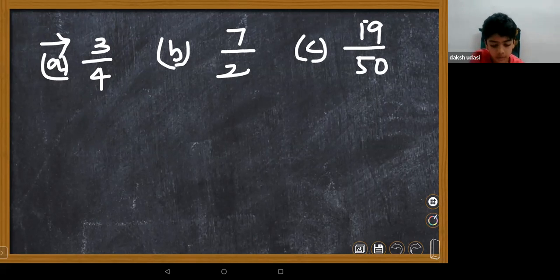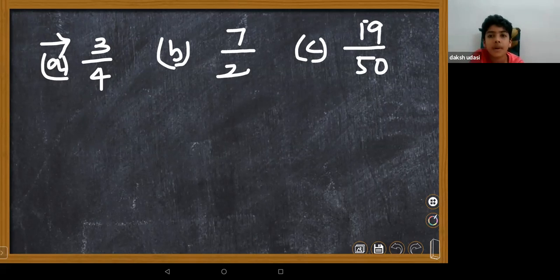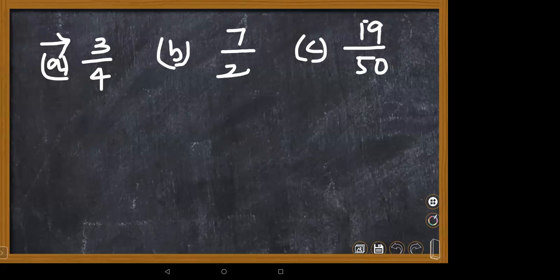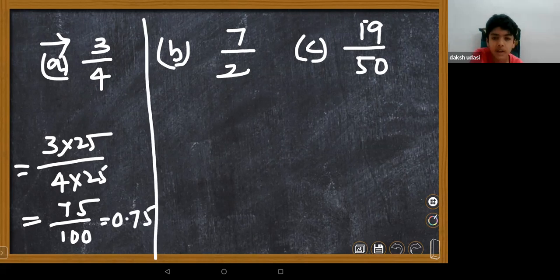Ma'am, the answer is 0.75. Okay, first bit you're correct. 4 means you need to multiply the fraction with 25. So it's 4 into 25, nothing but 75 by 100, which is 0.75. Very good. The next answer is 3.5.